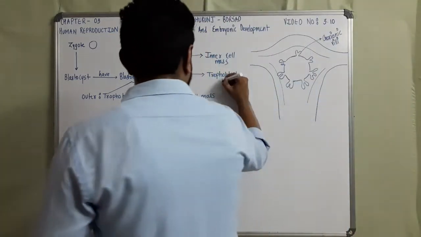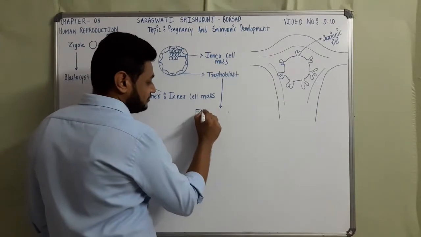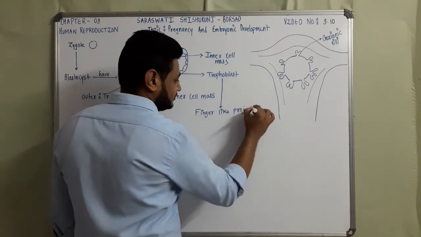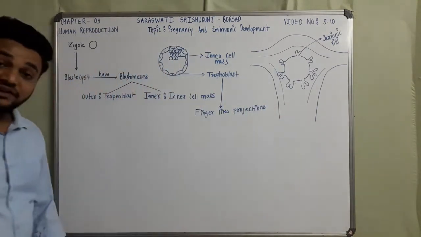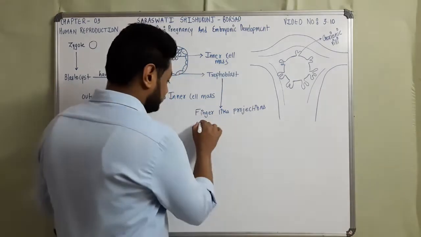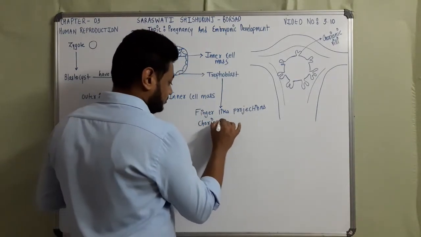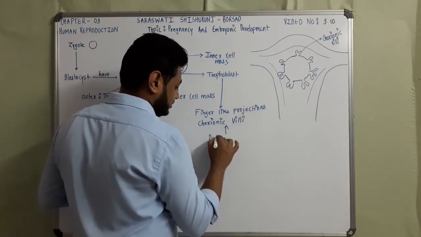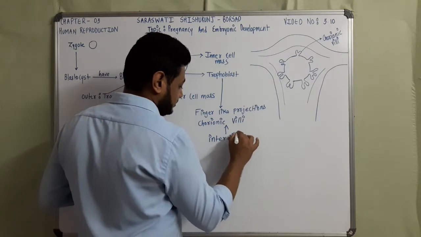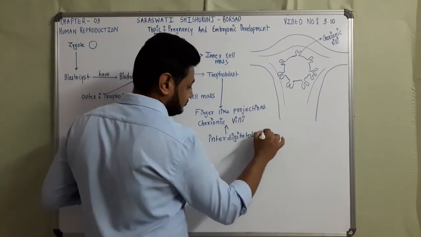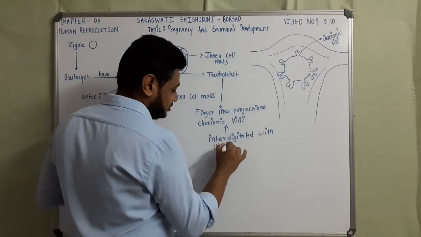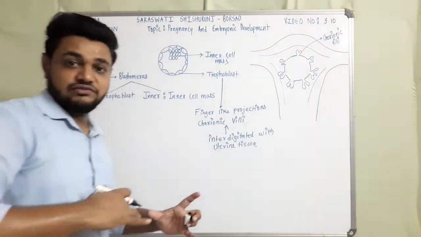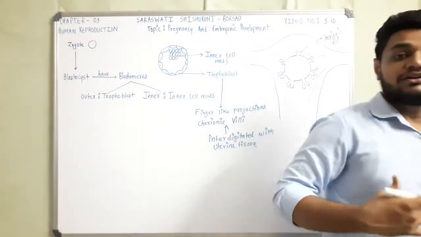Now see, trophoblast forms finger-like projections, and they are referred to as chorionic villi. This gets interdigitated with uterine tissue. So this is the tissue of the part which is going to develop the fetus, right?